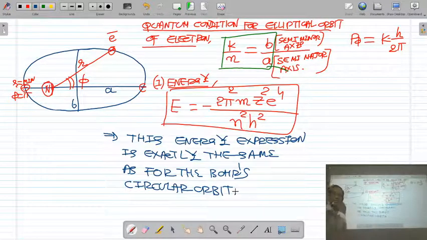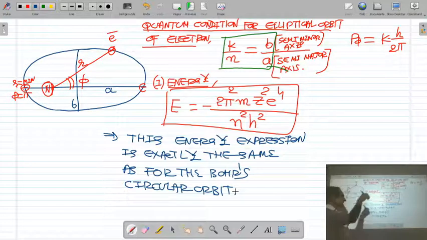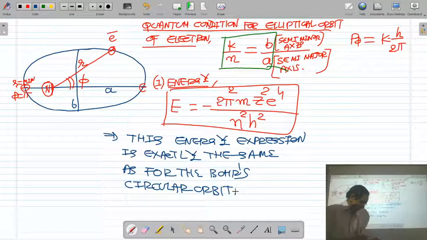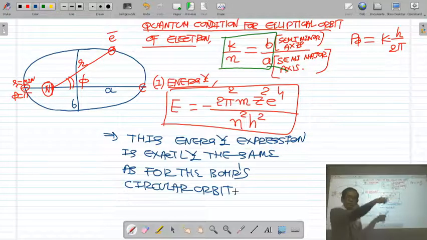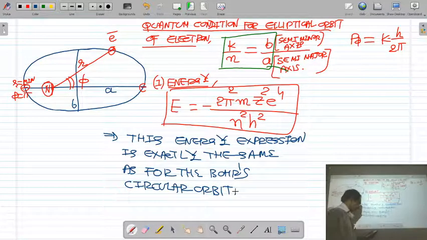Whatever equation of energy was obtained by Bohr by considering the circular orbit of the electron, the same equation we got here in the case of elliptical orbits. So this energy expression for the elliptical orbit is exactly the same as for the circular orbit considered by Niels Bohr.